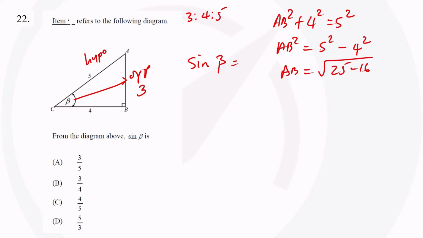And 25 minus 16 is what? Anybody can tell me quick? 25 minus 16 is 9. Gee, that's embarrassing for me. AB, the square root of 9, is 3, so we worked it out. Therefore sine will be the opposite, 3, over the hypotenuse of 5. So the answer would be A, 3 over 5.